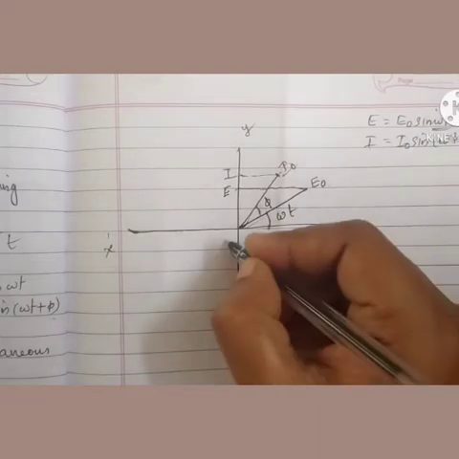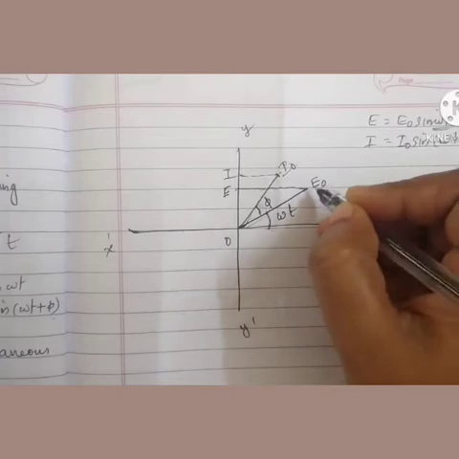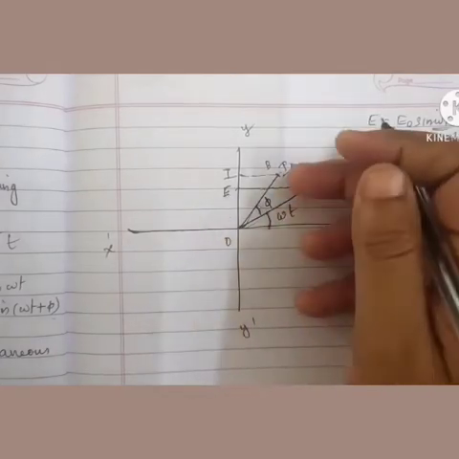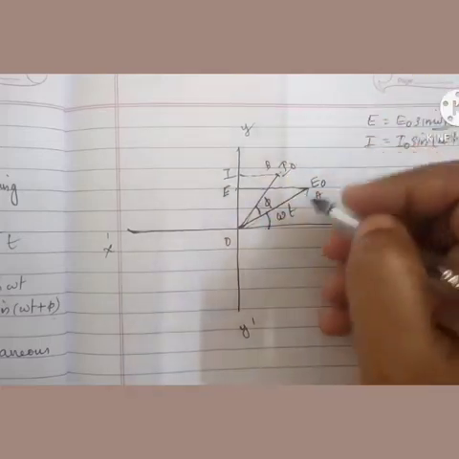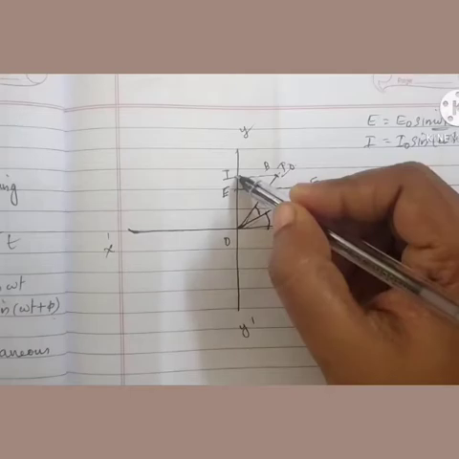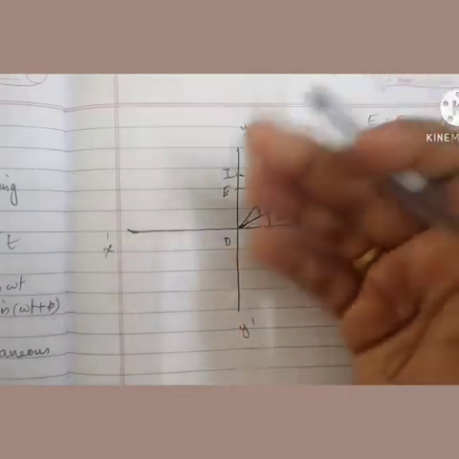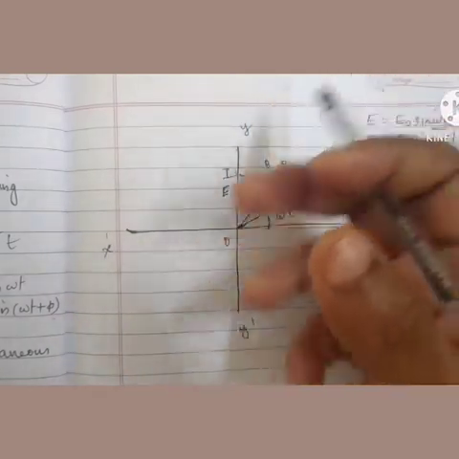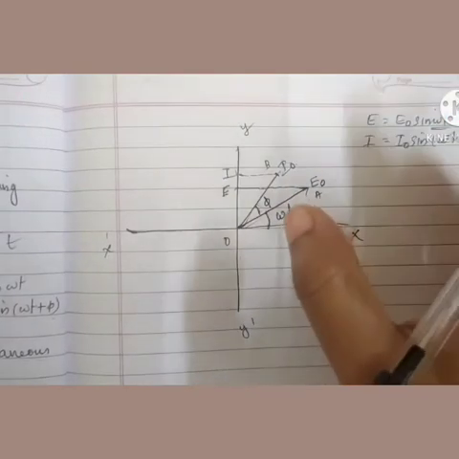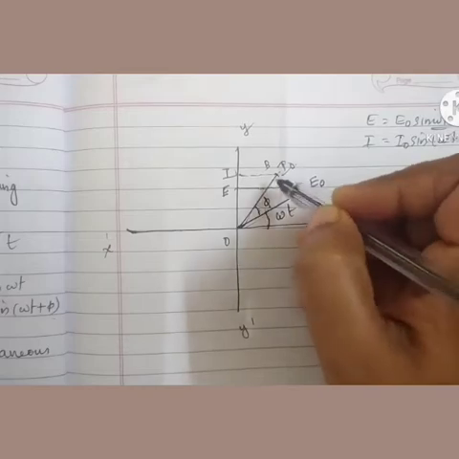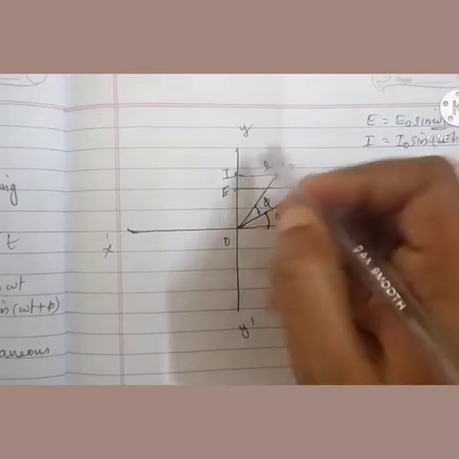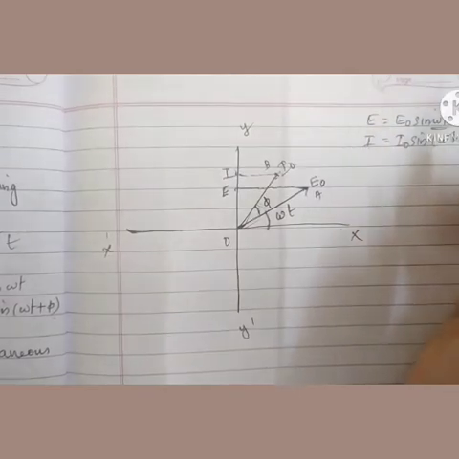So once again, if you are naming it, let OA and OB be the phasors, that is the phasor E as well as phasor I. They are rotating with an angular velocity omega. Then the projections for E naught and I naught, which is E and I, will give you the instantaneous values of EMF and current.